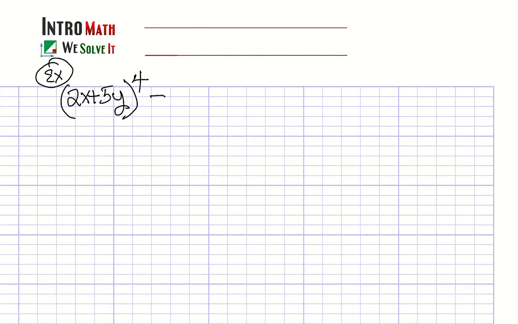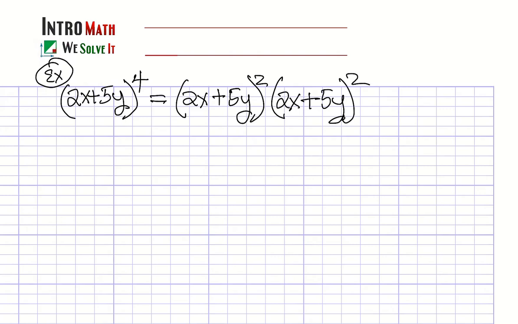You can break it up like this: 2x plus 5y, and then 2x plus 5y again. Notice that we can try to use the trick. Well, not a trick, exponent rule.